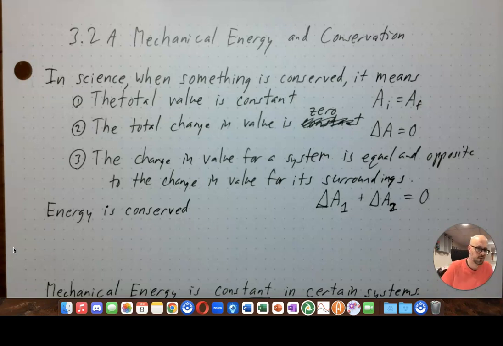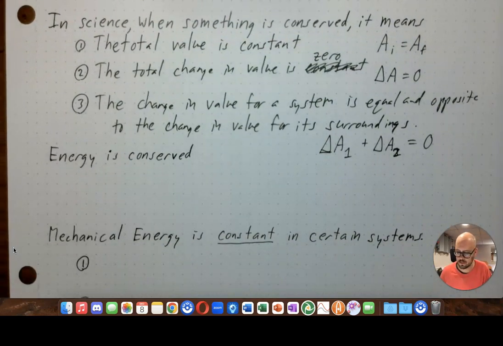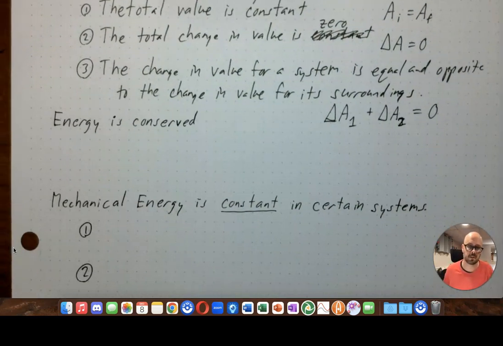So things can change, but the overall total stays the same. So those are just some ways to think about what conservation means, and we will learn 3 conservation laws in this course. I believe there are 9 in total for physics.